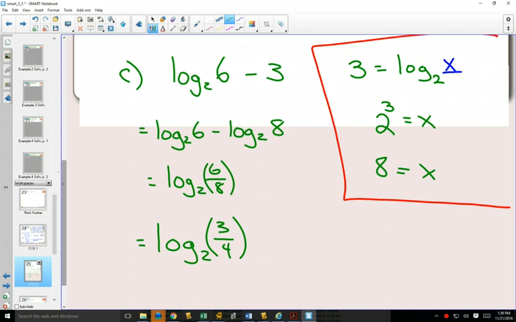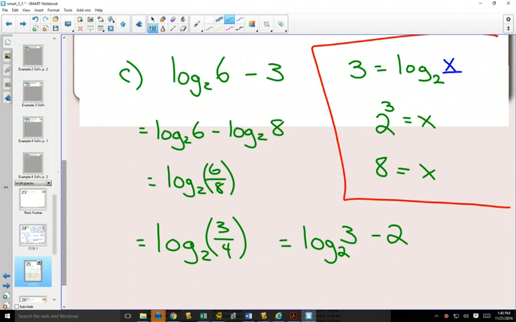If this was a contest multiple choice question, I probably would make it even more difficult and say log 2 of 6 minus 3 is equivalent to, and the right answer would be log 2 of 3 minus 2. Does it make sense that log 2 of 6 minus 3 is equal to log 2 of 3 minus 2? No. How did I get that? I took this and I expanded it.